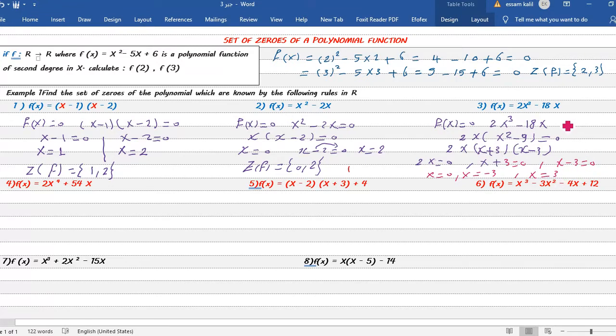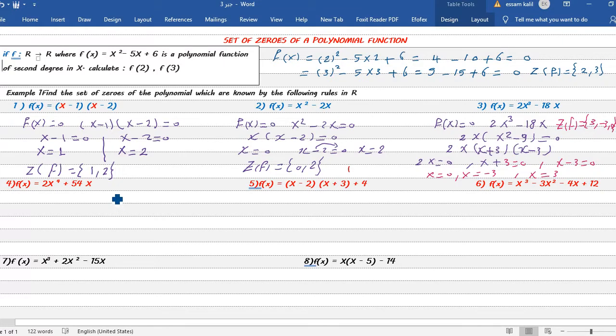Then Z f zeros of this function equal 3, negative 3 and 0.